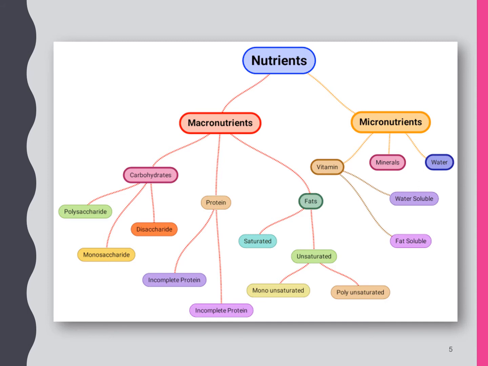The proteins are either incomplete or complete proteins, and those can come from meats, eggs, dairy, vegetables, and nuts. And then fats, there's various types of fats, whether they're saturated or unsaturated. And again, these can come from meats, eggs, dairies, vegetables, and other types of oils. Then we have our micronutrients that are our vitamins, our minerals, and we have water hanging out over here. Two different types of vitamins, water-soluble and fat-soluble vitamins.